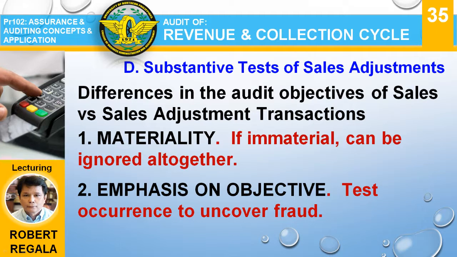Number two exception, this one relates to emphasis on objective. For sales returns and allowances, the primary emphasis is normally on testing the validity or occurrence of recorded transactions as a means of uncovering any diversion of cash from the collection of accounts receivable that has been covered by fictitious sales returns or allowances.